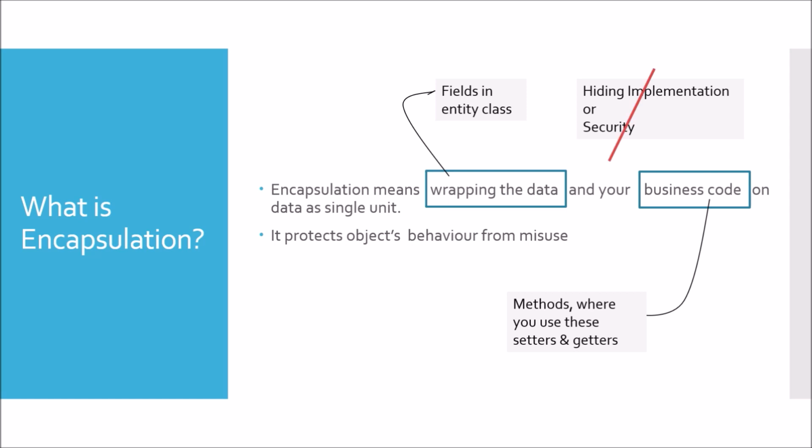If you say hiding implementation, I can easily cross question: then why do we use abstraction, or what is the difference between encapsulation and abstraction, or why do we have the unnecessary burden of using abstraction if encapsulation is used for hiding implementation? If you say security, I can easily ask what kind of security encapsulation provides and why I use encapsulation for security.